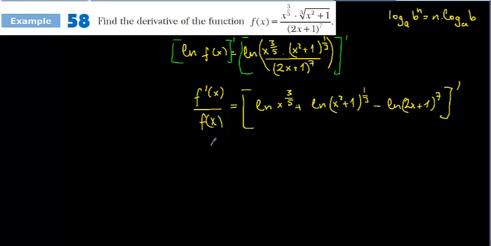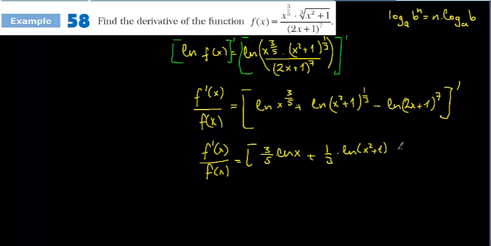So f derivative of x over fx is going to be equal to the derivative of 3 over 5 times ln x plus 1 over 3 times ln (x squared plus 1) minus 7 times ln (2x plus 1) derivative.